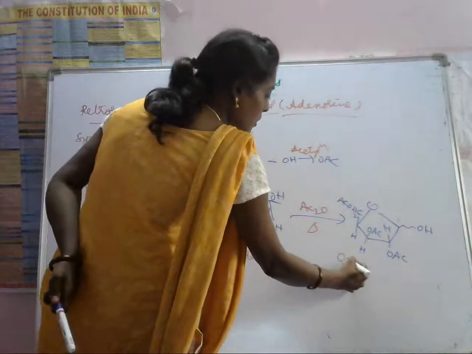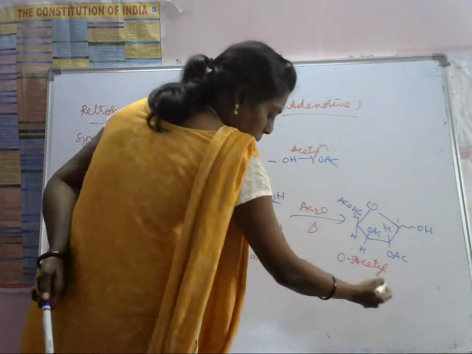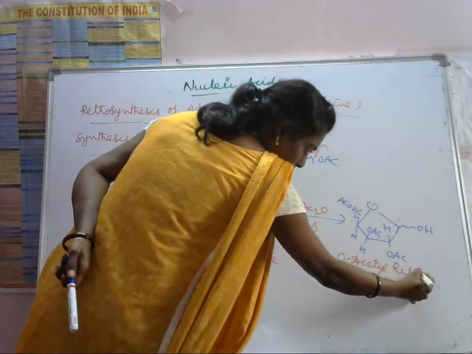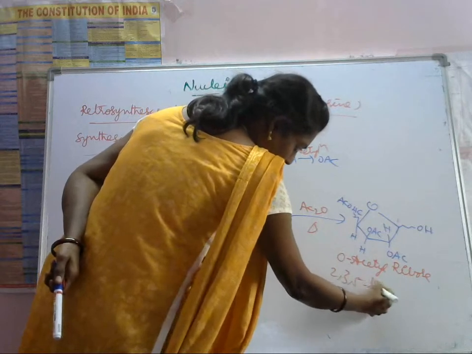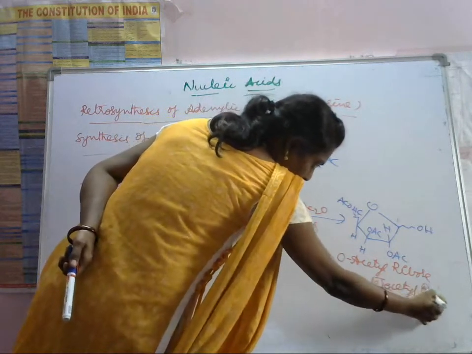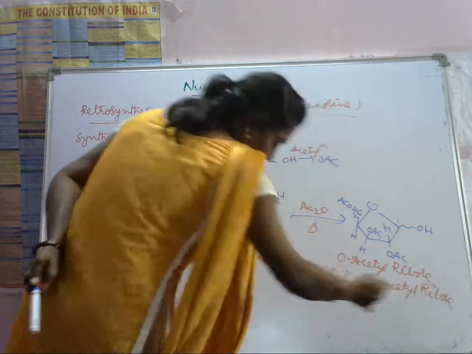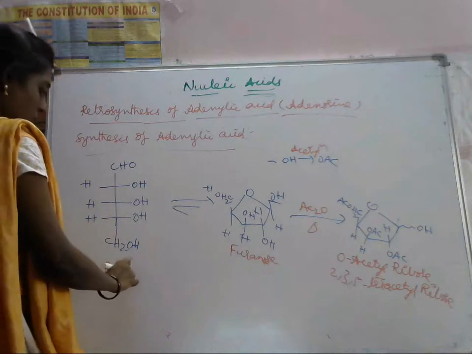All oxygen hydroxyl groups are converted into acetyl groups. So 2,3,5-triacetyl ribose.